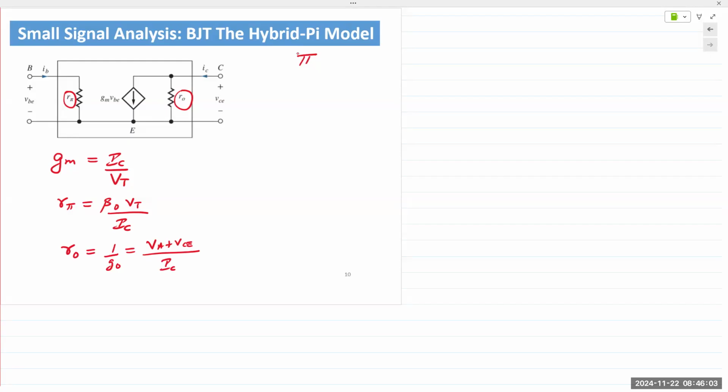That's the output resistance. This can be further simplified as simply VA over IC. And that's it. That's our hybrid pi model. And that's all you would need for the homework problems.